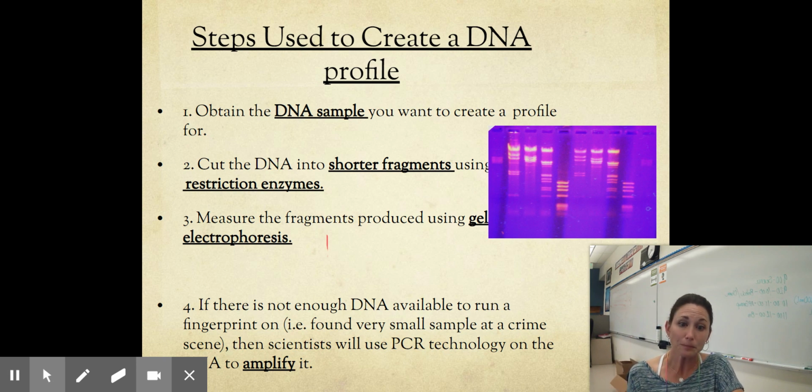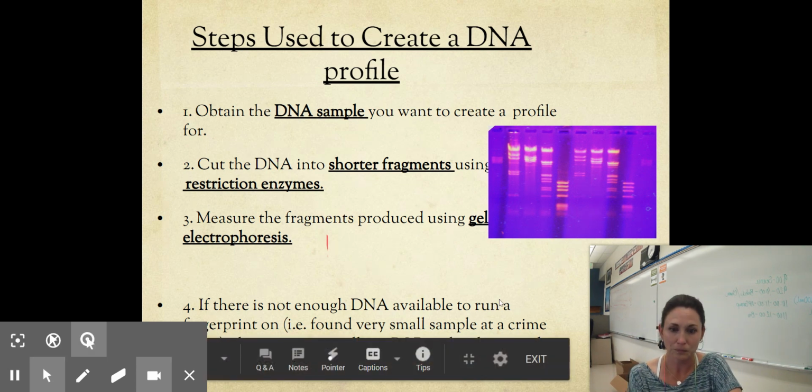And presumably, there's going to be a couple of different crime scene DNAs, or there could be. We could have DNA from the victim at the crime scene. We could have DNA from the perpetrator at the crime scene. And so what we will likely do is compare the DNA from the crime scene to our variety of suspects to figure out who in fact committed a crime.